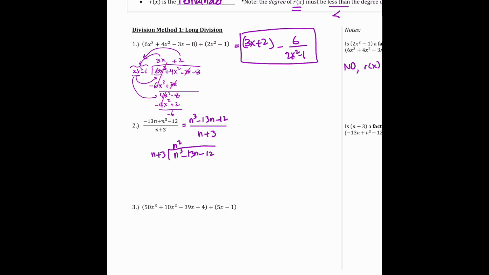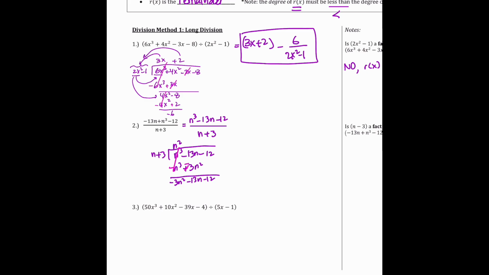So you get n squared, and then n squared times n plus 3 is n cubed plus 3n squared, and then you subtract. When you subtract, let's change signs, then the n cubed cancel out. You'll get negative 3n squared minus 13n minus 12. And then how many times does n go into negative 3n squared? The answer is negative 3n.